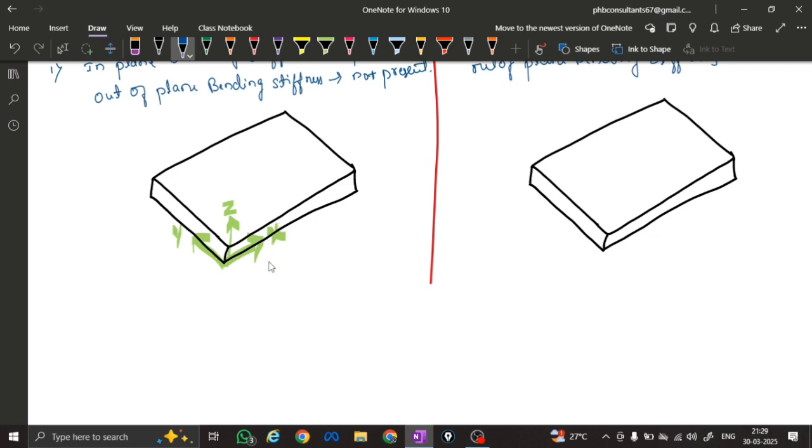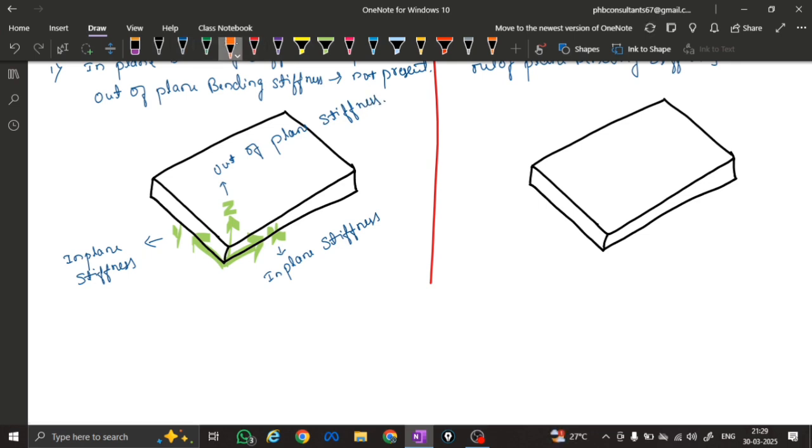We will write this one. This x direction is in plane stiffness and this y direction also in plane stiffness and this z direction is out of plane stiffness.